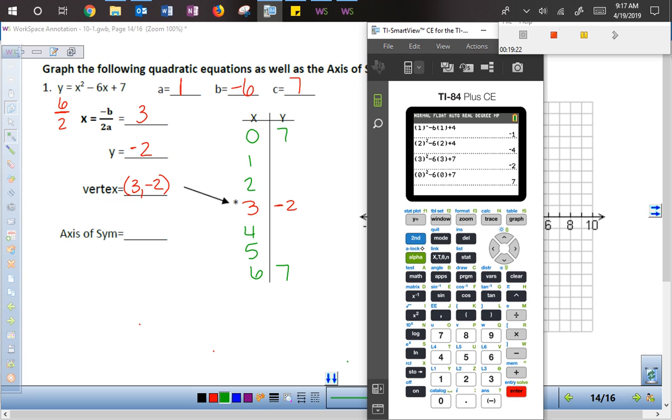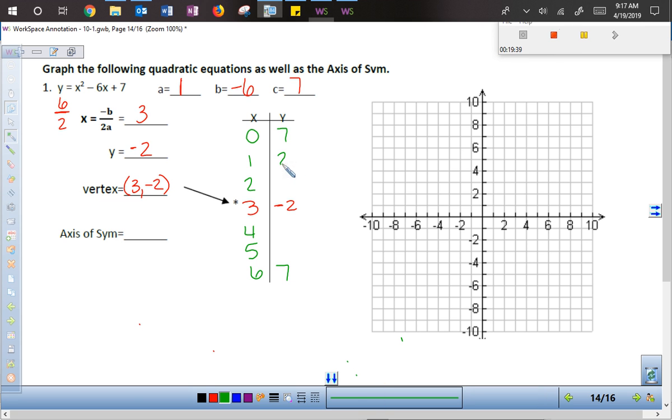So I'm going to hit second enter because I want my previous entry. And I want to go back, and everywhere I saw a 0, now I want to put in a 1. And that's going to give me a result of 2. Now if 1 gives me a result of 2, 5 is also going to give me a result of 2.